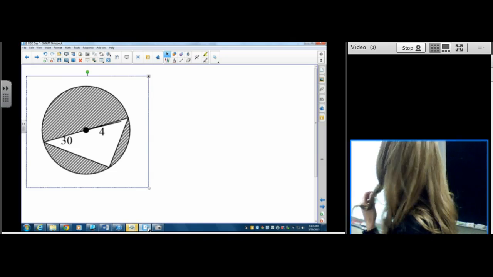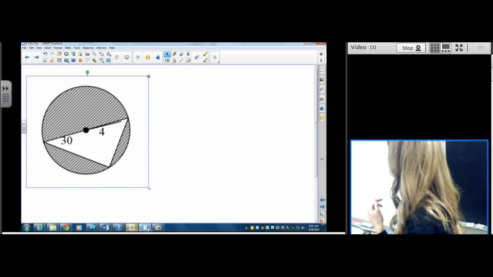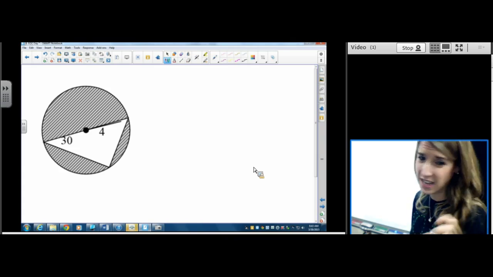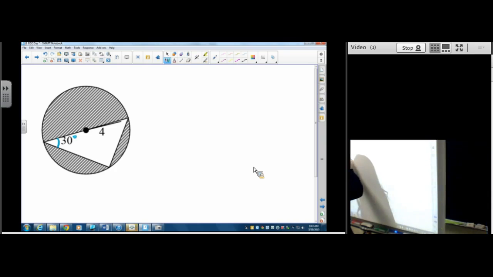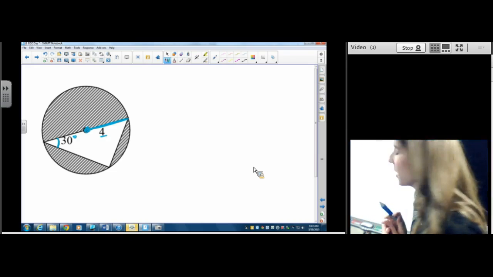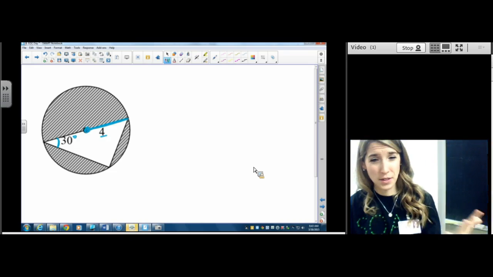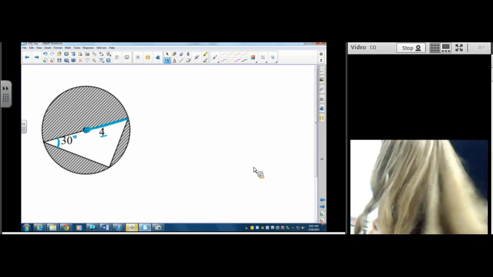Okay, this is number 18. This one is a little confusing because of how the picture's labeled. I didn't make this picture, I'm so sorry. This is a 30-degree angle, and this means that the radius is 4. So that could have been confusing from the start if you didn't even know what those numbers meant.